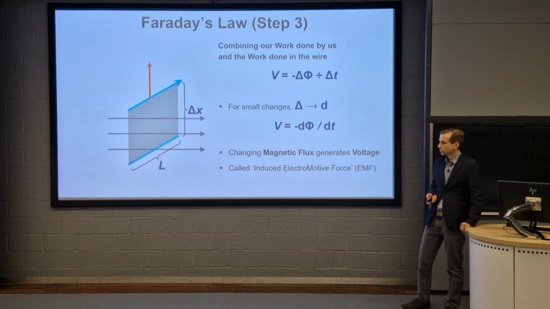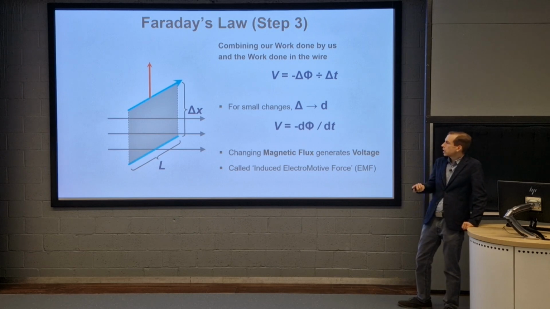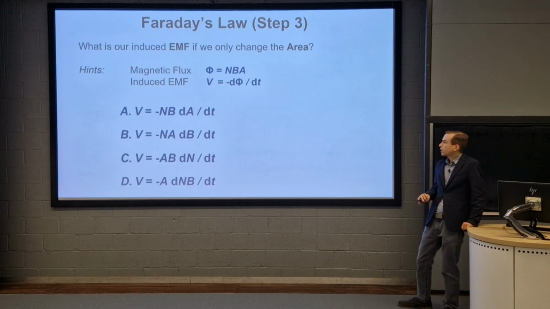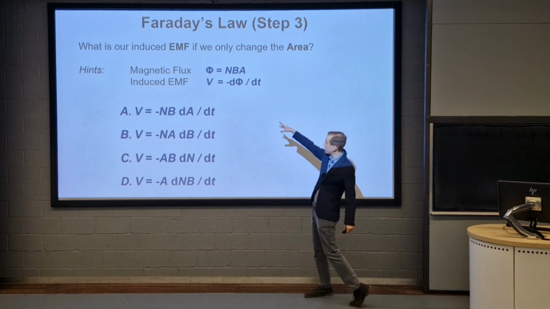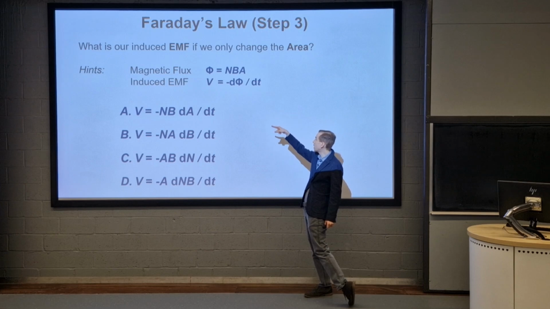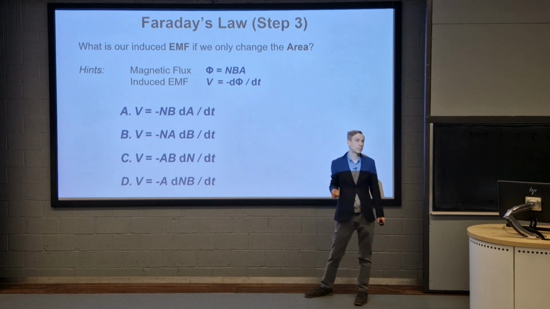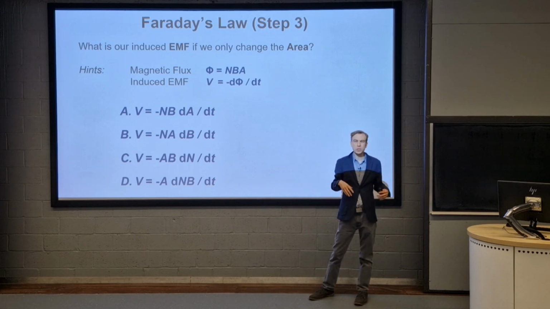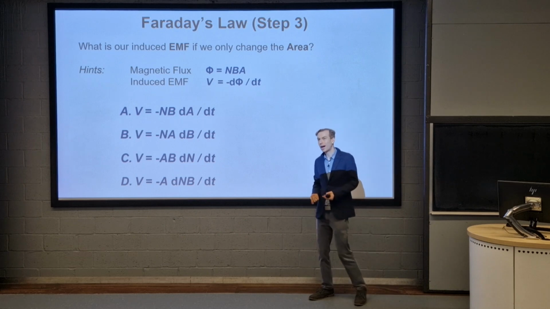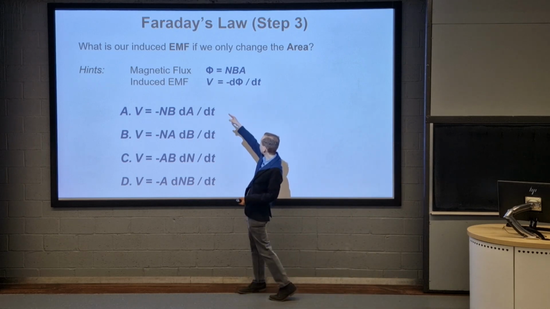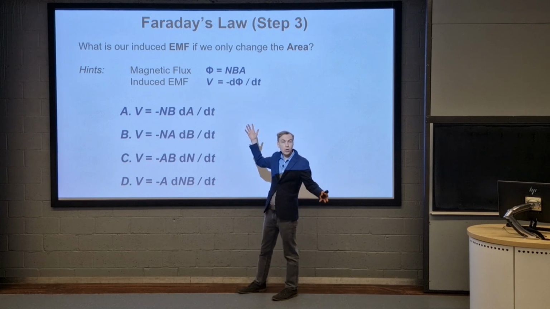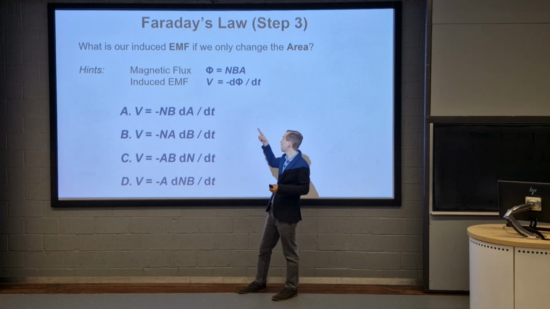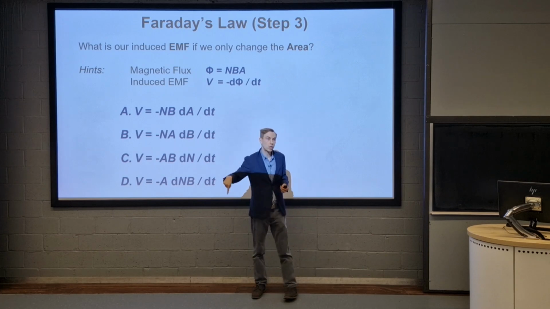Now, let's think a little bit about some applications of this. We know from Faraday's law that the induced EMF, the voltage, is equal to minus dΦ by dt. I remember from the beginning of the lecture that our magnetic flux is equal to the area, how big our coil is, B, the strength of the magnetic field intensity, and N, the number of coils of wire we have.